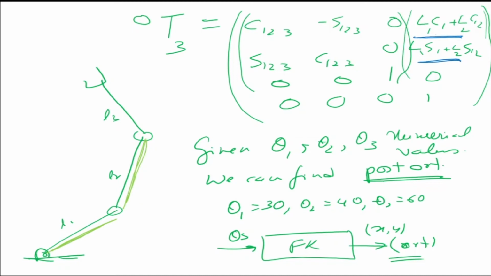The x coordinate is L1 cos theta 1 plus L2 cos of theta 1 plus theta 2. This is what it means, right? Now you're seeing that theta 1 and theta 2 are coming in various combinations. It is coming in cos of theta 1 plus theta 2, and in this case, it is sin of theta 1 plus theta 2.